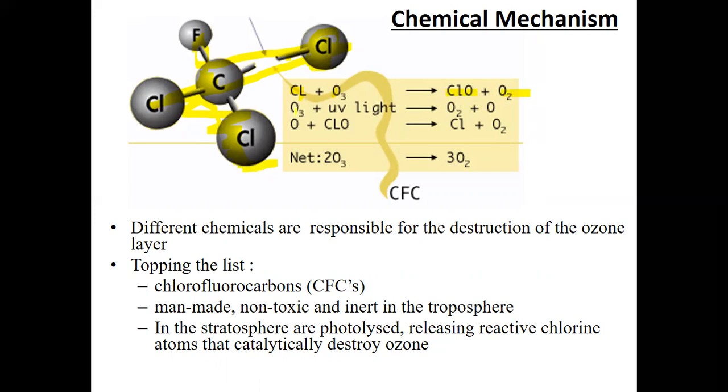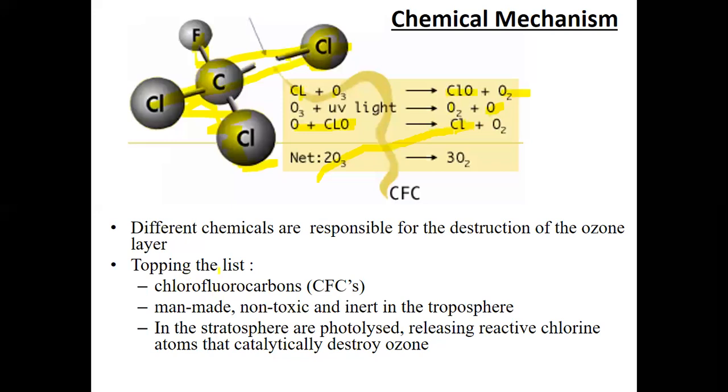Then ozone, as all of you know, can again be divided into O2 and O. Then this O will again react with ClO and produce Cl plus O2. Then again this chlorine atom will react with ozone molecules. Likewise, the number of ozone molecules available in the stratosphere will be reduced by the reaction of chlorine atoms.